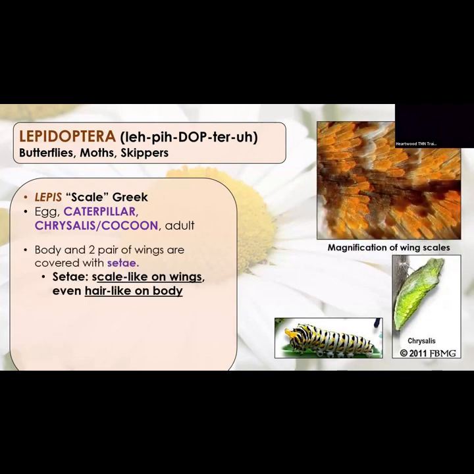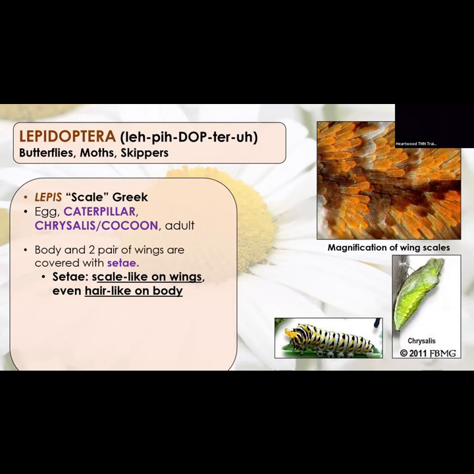So the body and second pair are covered with scales. It's hair-like scales, like scales of feathery hair. It's hard to explain, but when you look at a butterfly, that's really why you shouldn't touch them, because you can knock off all these tiny hairs and scales that they need to maintain their aerodynamic ability and their camouflage.